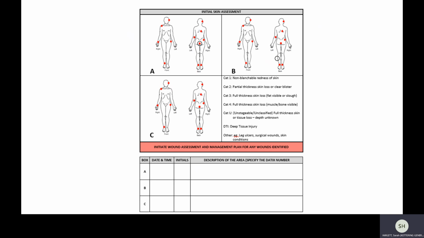She also has some dry skin on her left calf, which you can see circled. So box A will correspond to her moisture lesion on her sacrum, and we can document that here in the box. And then again, the same for the dry skin on Jane's calf. It's non-blanching dry skin on left calf. The patient's aware and she is actually treating this at home.